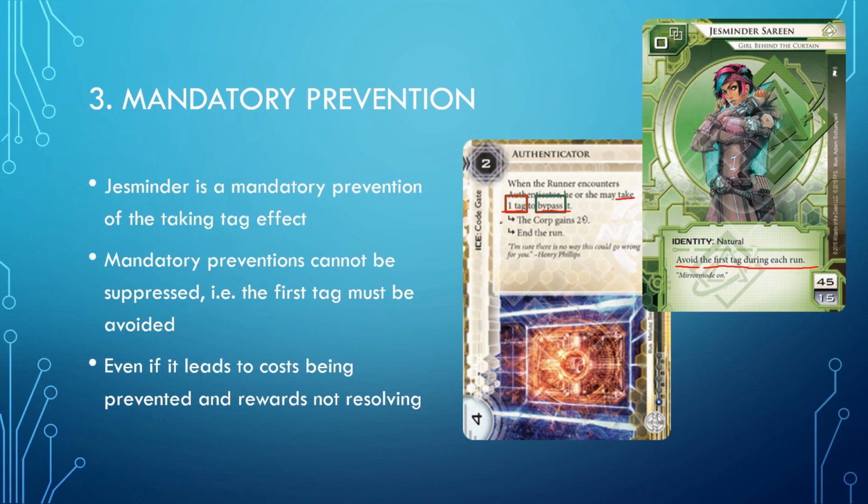You are forced to avoid the tag and therefore you cannot bypass it. This is a counterintuitive interaction, but it actually checks out because Jasminder is not volitional. It is completely mandatory.